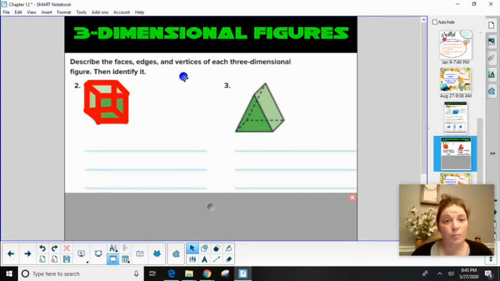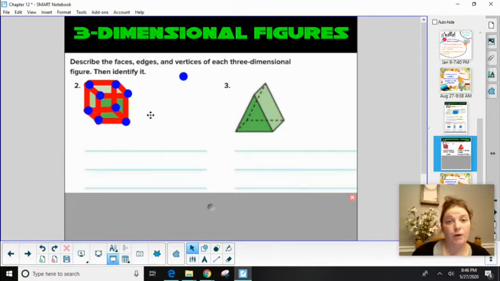So these would be all the points where we have the faces meeting up. So I have 1, 2, 3, 4. So that's kind of, if you can visualize, like the back square. 5, 6, 7, and 8.